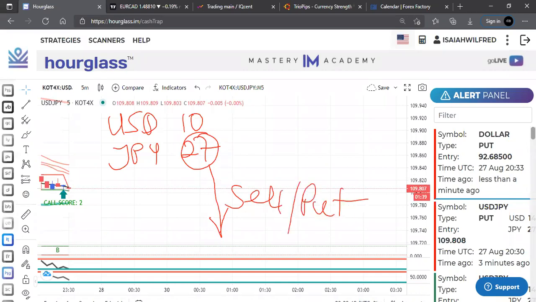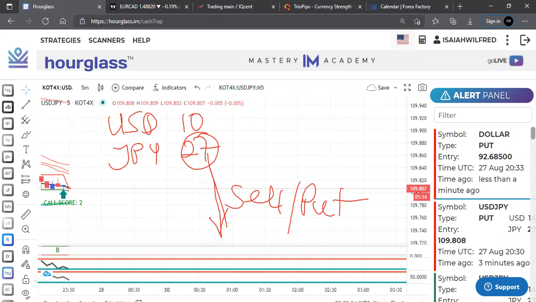It's very simple. The strength of the currency pair will determine which currency is going to have charge of the market. So JPY is stronger, which means it will pull the market down. Imagine two people doing tug of war.